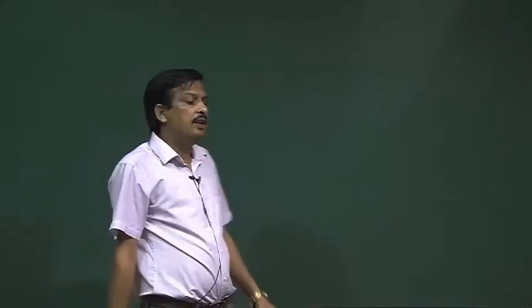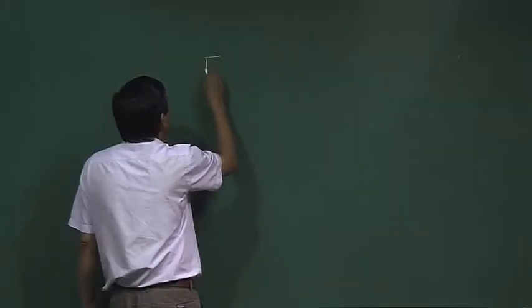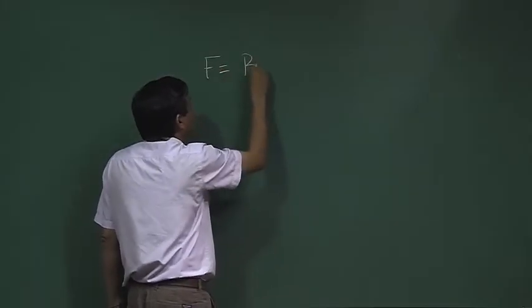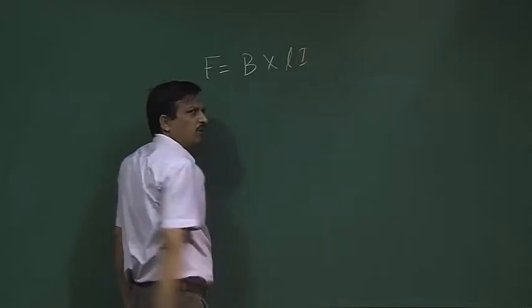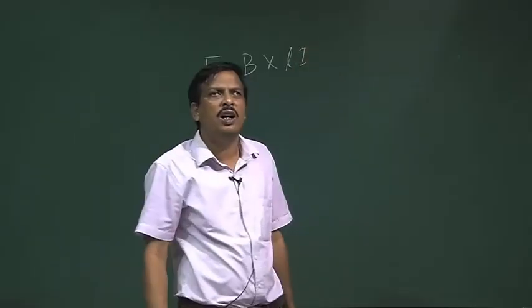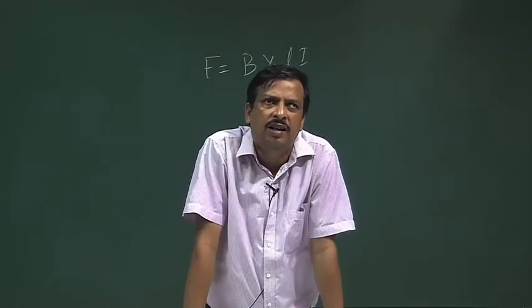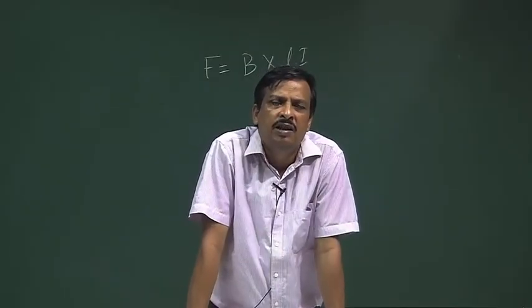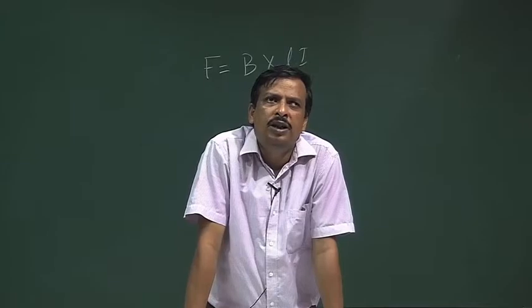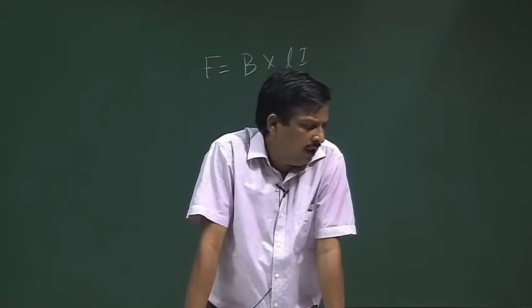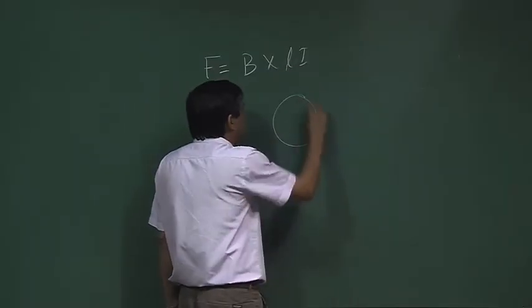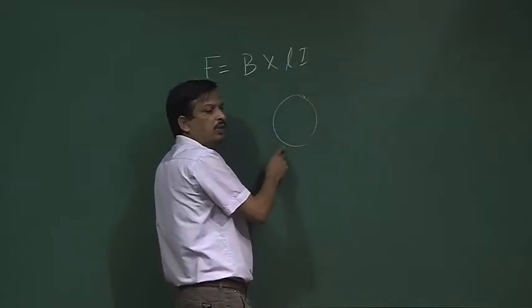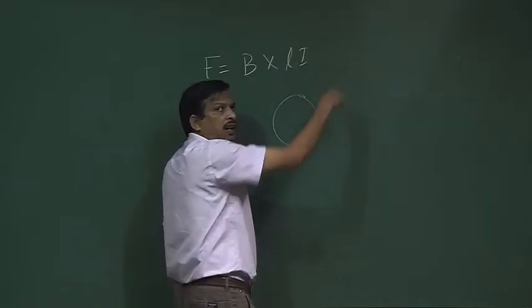What I said here is that the mechanical force is B into L into I, you know that, where L is the length of the wire, I is the current, and B is the magnetic field strength. Then the applied force will be the cross product of B, L and I. Similarly, if something rotates in a magnetic field, then an electrical current will be produced.